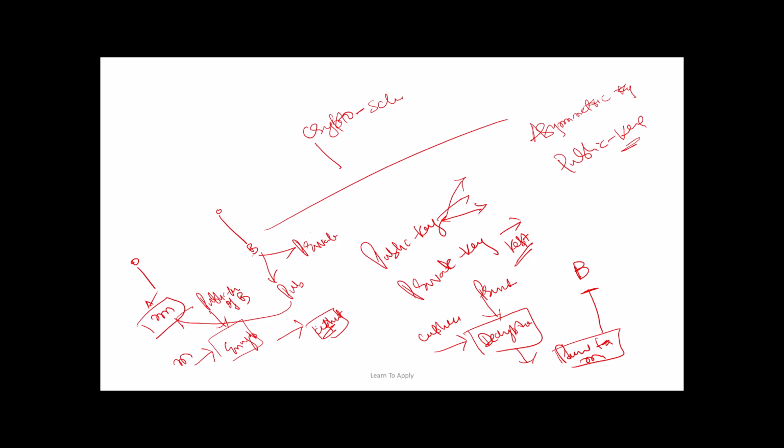So this is the general introduction to cryptography and two broader schemes in encryption. We have seen symmetric key encryption, we have seen asymmetric key encryption. So we know that asymmetric key has revolutionized the way we communicate.